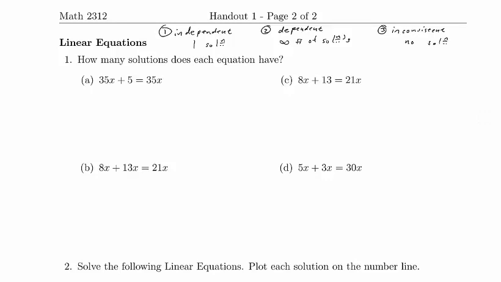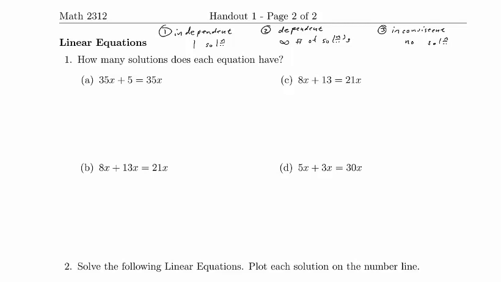Typically what we do for these is that we work the equation down trying to solve for x. I'm sure everyone's done that before. If you get to a point where you have an untrue statement, that's usually a sign that the solution is inconsistent.